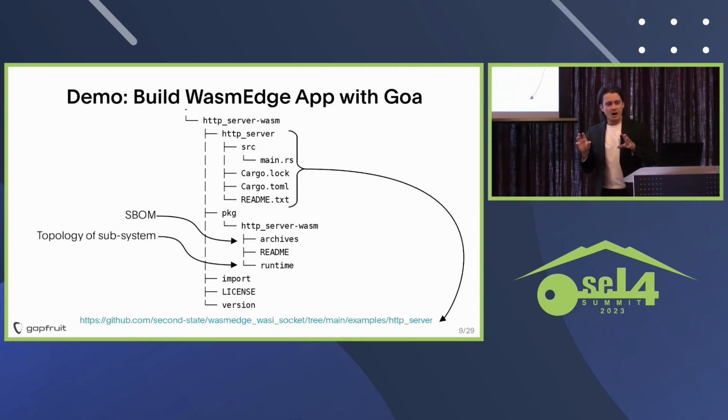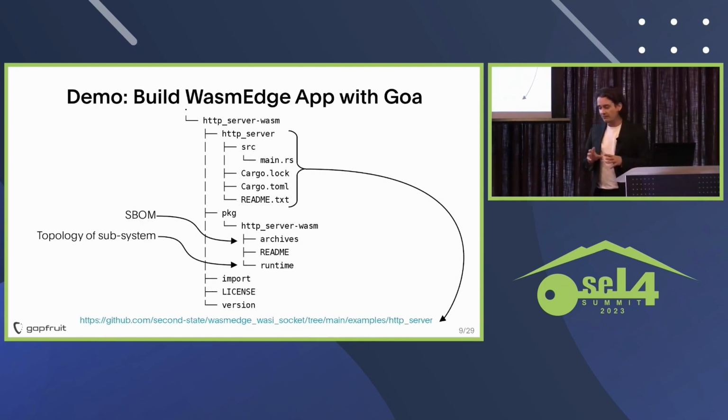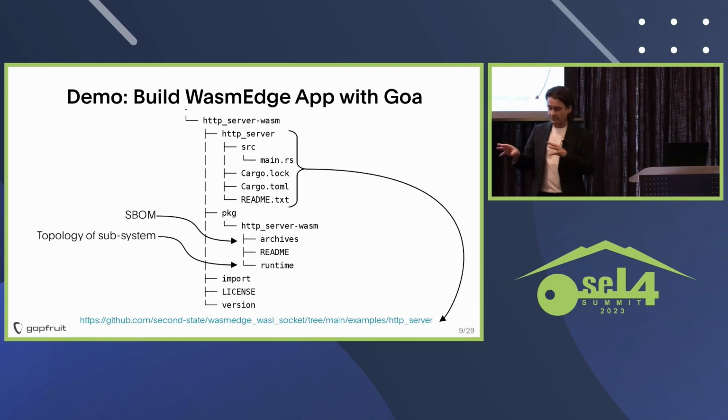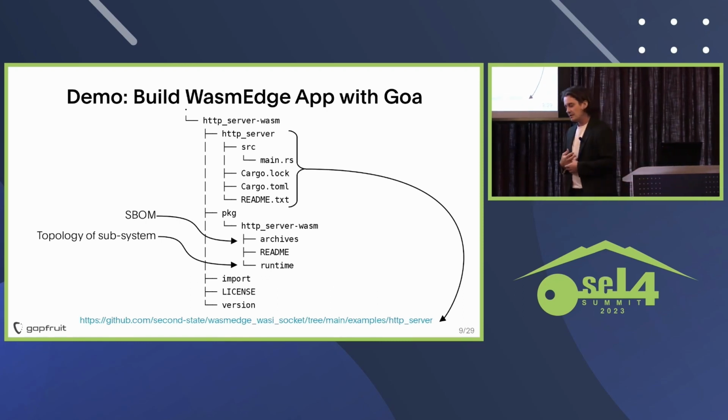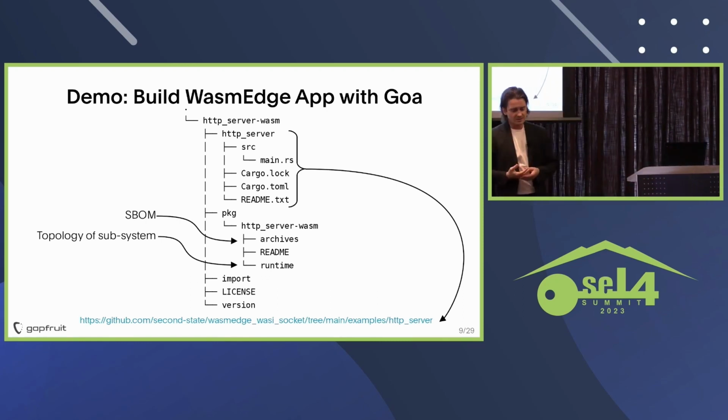So what are the ways to develop a WASM app for Gapfruit OS? What we see here is the structure of a Goa project. Goa is a tool from Genode Labs that enables application developers to port existing applications with different build systems and different programming languages to a Genode-based system.